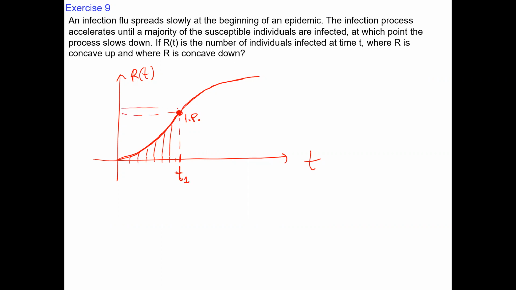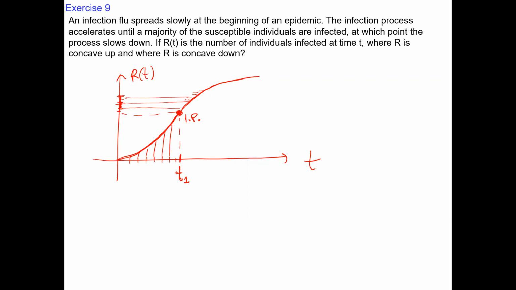And it's still increasing. We can see the values are still increasing, but the number of cases per day is smaller, because the differences between the values are getting smaller. Concave down, that's what we just talked about previously.